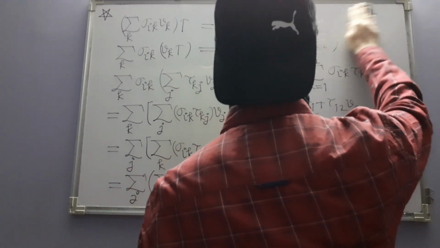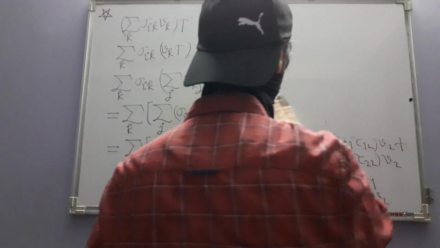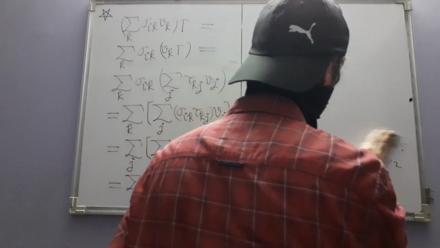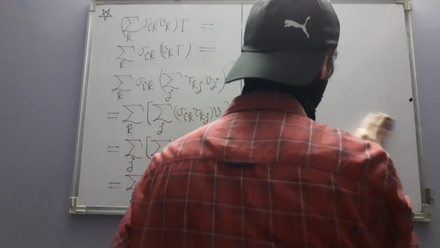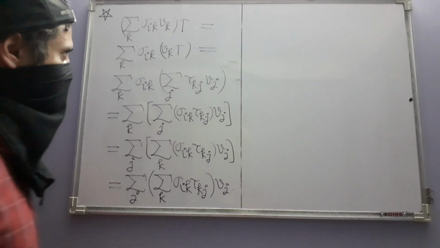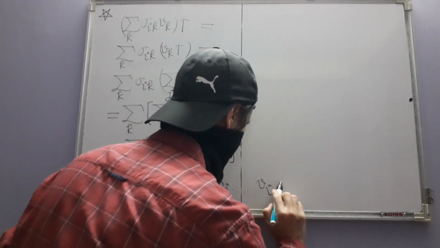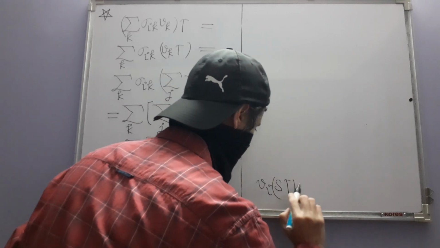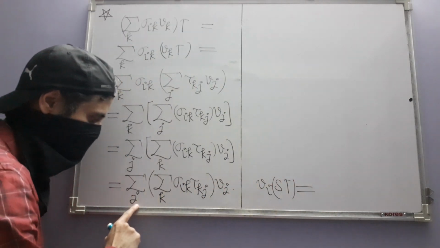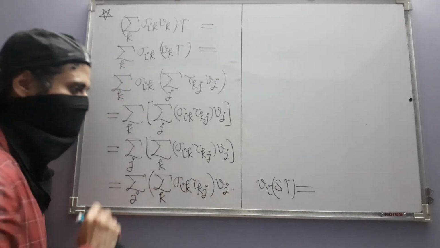But now, what is the end result? The end result is this. Do not forget what we started with. We started with this, v_i S T. We have found that that is equal to this linear combination of the basis vectors vj.